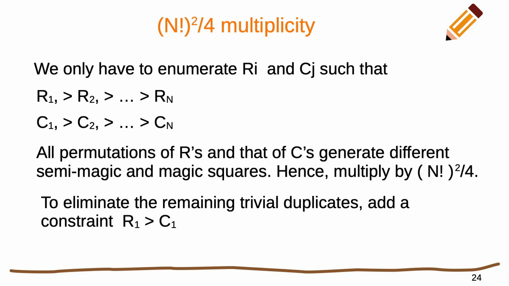The division by 4 partially compensates for the duplication due to rotations and reflections. In addition, exchanging all row sets with all column sets produces another trivial duplication. To eliminate this, we add an extra constraint: R1 should be greater than C1.